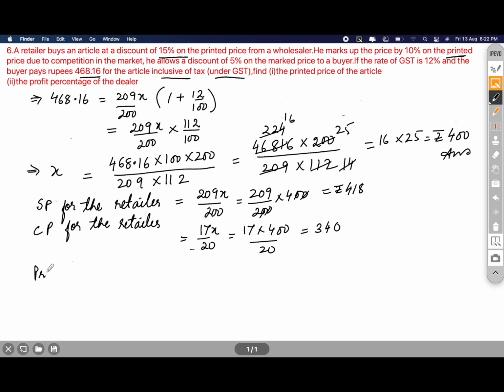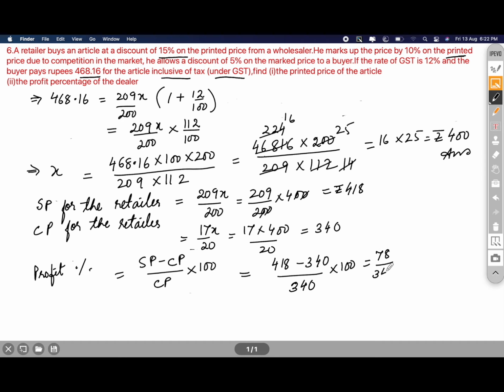So now profit percentage equals SP minus CP by CP into 100. Okay, so SP is 418, CP is 340. So that is profit divided by CP into 100. This gives us 78 by 340 into 100.